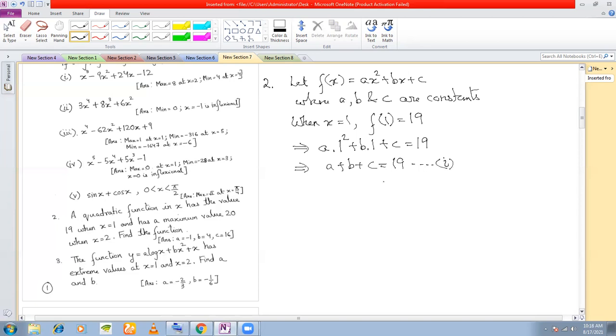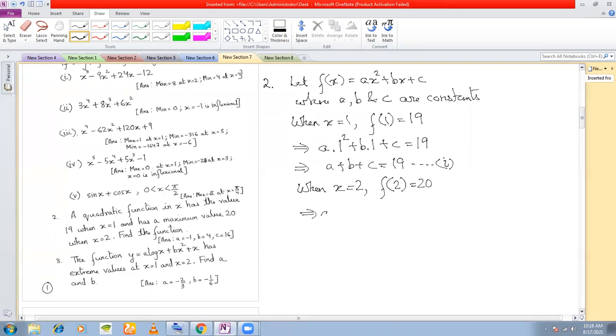Next, it has a maximum value 20 when x is equal to 2. So whether maximum or minimum, it definitely has the value of 20 when x is equal to 2. So when x is equal to 2, f(2) must be equal to 20. Whether maximum or minimum we'll use later. But what we definitely know is that when x is equal to 2, the value of the function is 20.